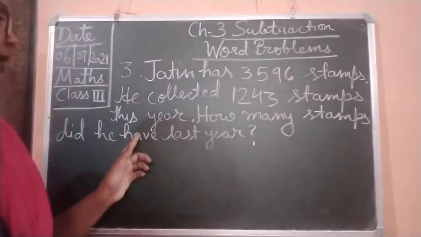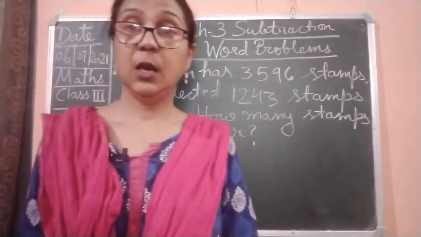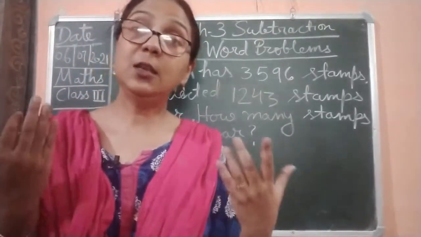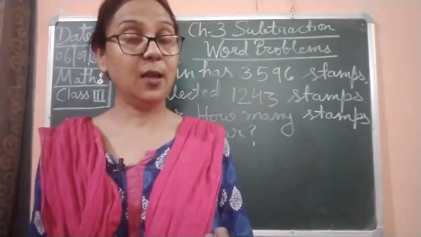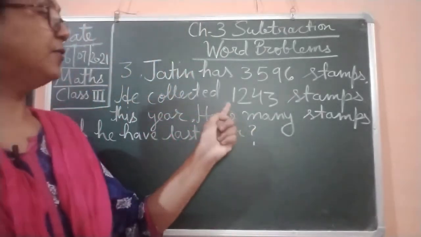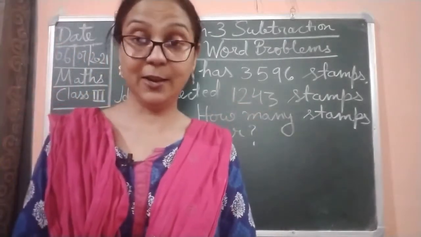So the next line is how many stamps did he have last year? It means इसका मतलब क्या है? The question is कितने उसके पास stamps थे last year? इस ईयर उसने सिर्फ और सिर्फ 1,243 stamps को collect किया.